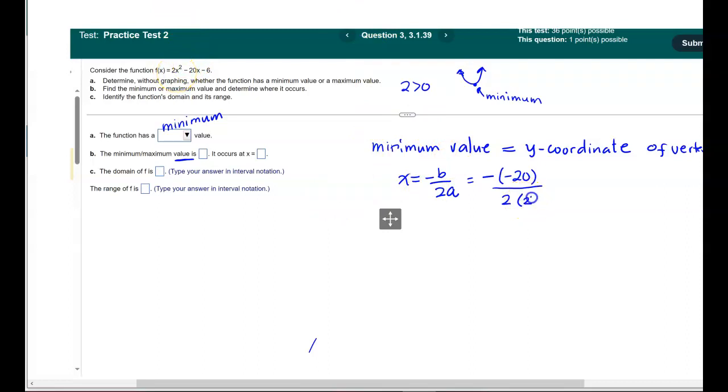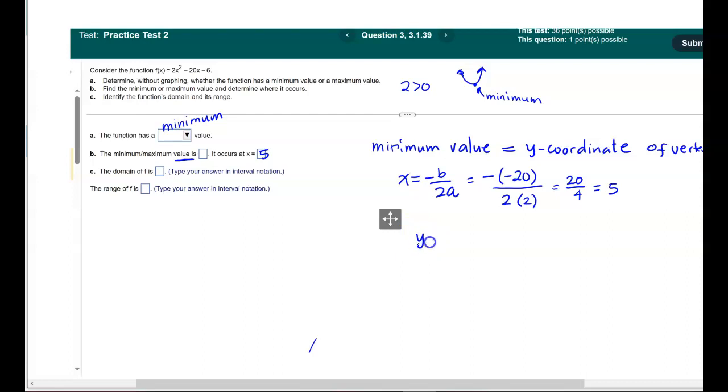So negative of negative 20, that's positive 20, over 4, gives you 5. So it occurs at x equals 5, that's the x-coordinate.